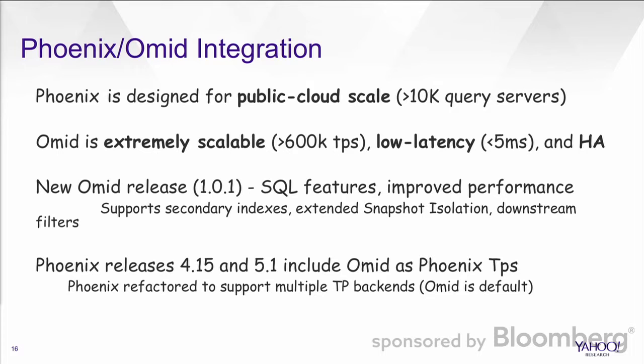It has all the features required for the Phoenix integration. Also, we improved performance and fixed bugs. And the next release of Phoenix 4.15, and its corresponding one for HBase 2.0 (5.1), will include Omid as a Phoenix transaction processor. And if you like, you can use it.